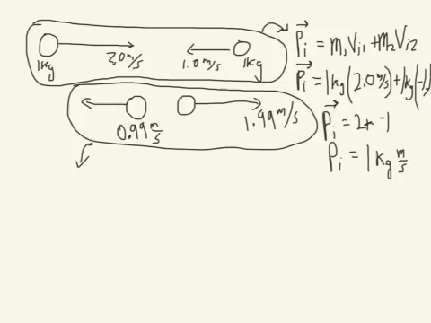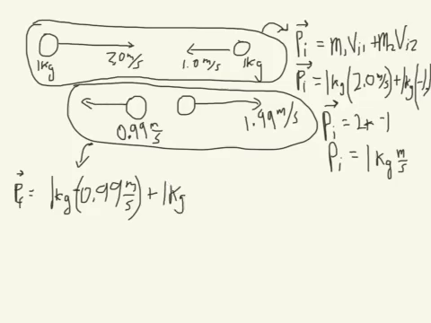Let's look at the left ball. It still has a mass, and this is the final momentum we're solving for. The left ball still has a mass of 1 kilogram, and it's going 0.99 meters per second, and it's doing that to the left, so we have to call this negative 0.99 meters per second. And then since this is a system that's comprised of both the balls, we have to also add the momentum of the second ball, and its mass is 1 kilogram, and its velocity is in the right direction.